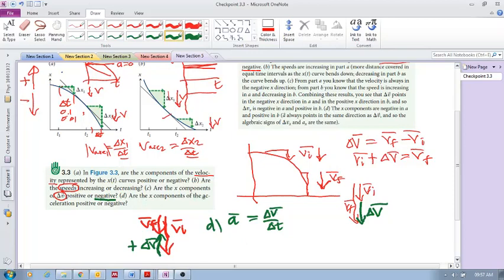Well, in this case, the delta v was negative, so my x component in this case is negative. The x components are negative in A and positive in B. Negative in A, right, because my delta v is negative, and positive in B because my delta v is positive. The a vector always points in the same direction as delta v.